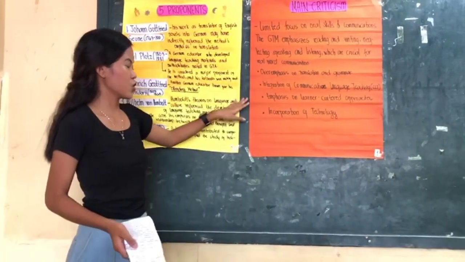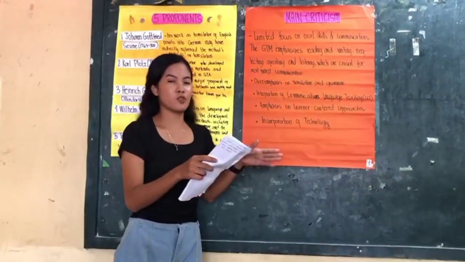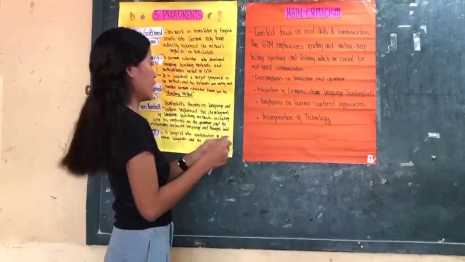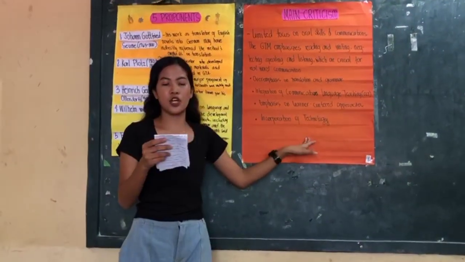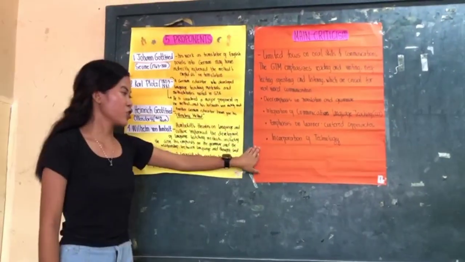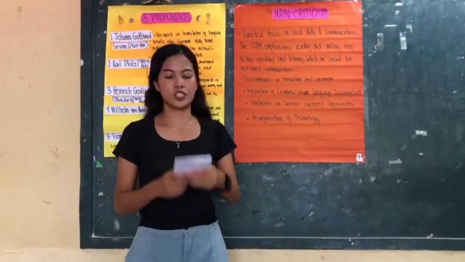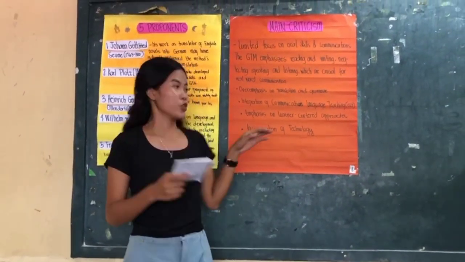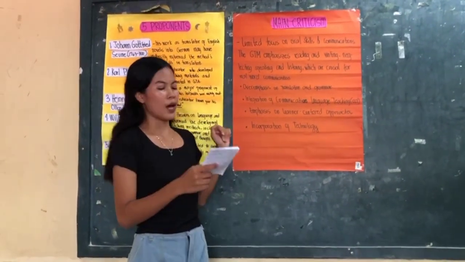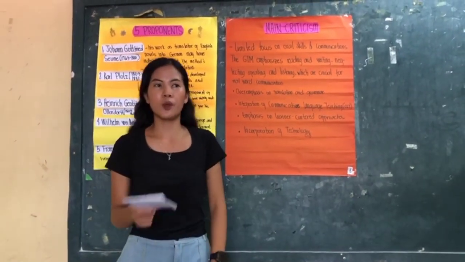Next is the emphasis on learner-centered approaches, moving from teacher-centered approaches to learner-centered approaches that prioritize fluency, communication, and cultural competence. Next is the incorporation of technology. Technology has been integrated into language teaching, providing opportunities for learners to practice all language skills through digital resources, online platforms, and virtual classrooms. That's all.